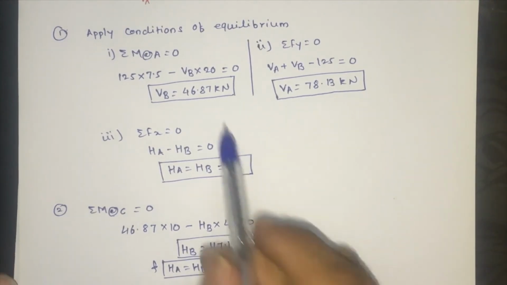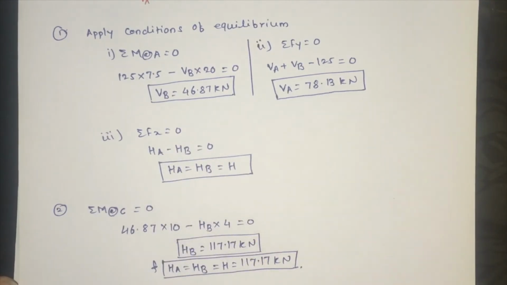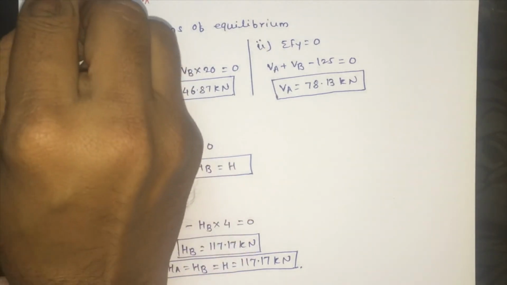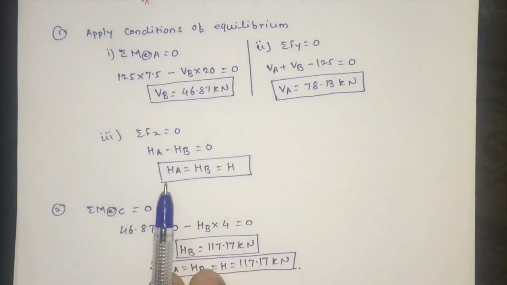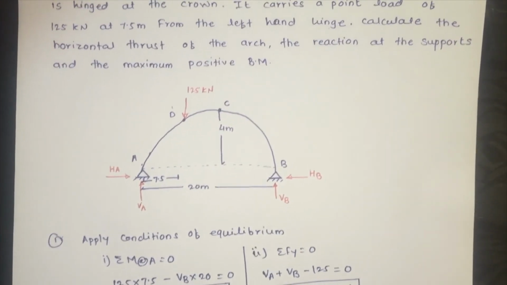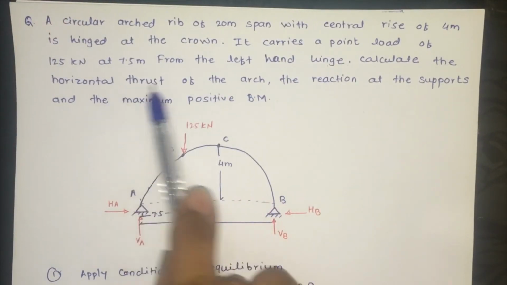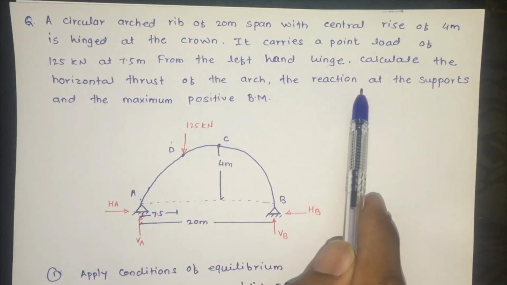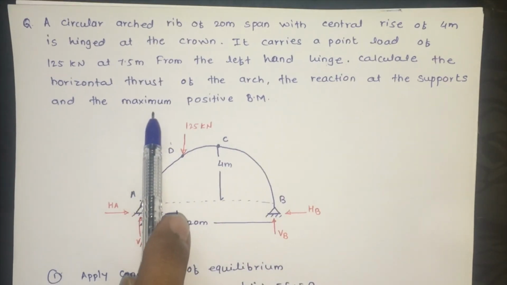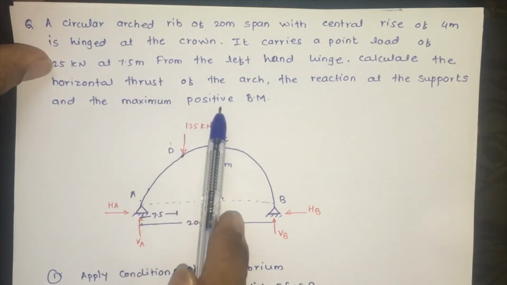Here we find out the vertical reactions, then we find out the horizontal thrust also. Now we have to find out the maximum positive bending moment.